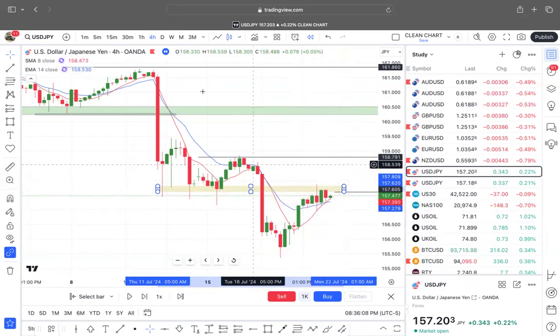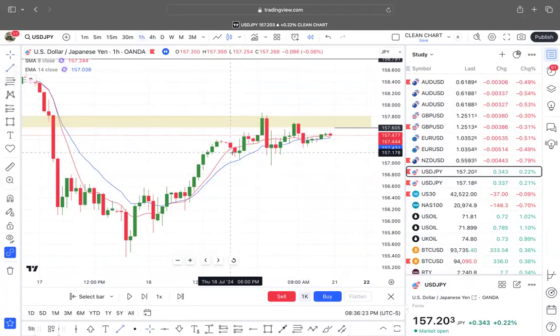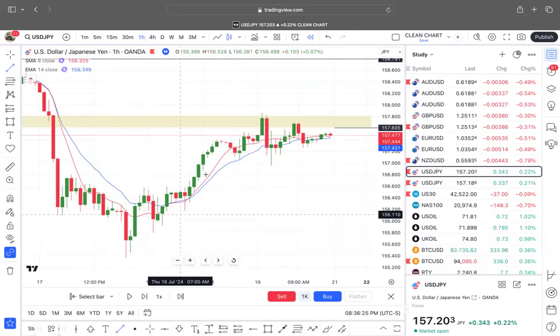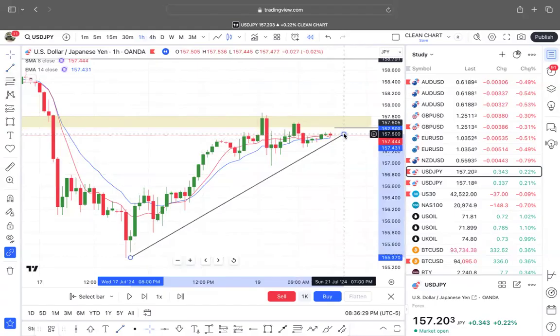I guess it doesn't have to be confusing, it's just retesting this resistance that was created here. So on the 1 hour we're able to flow with it and see with this counter trend how market structure is actually flowing.